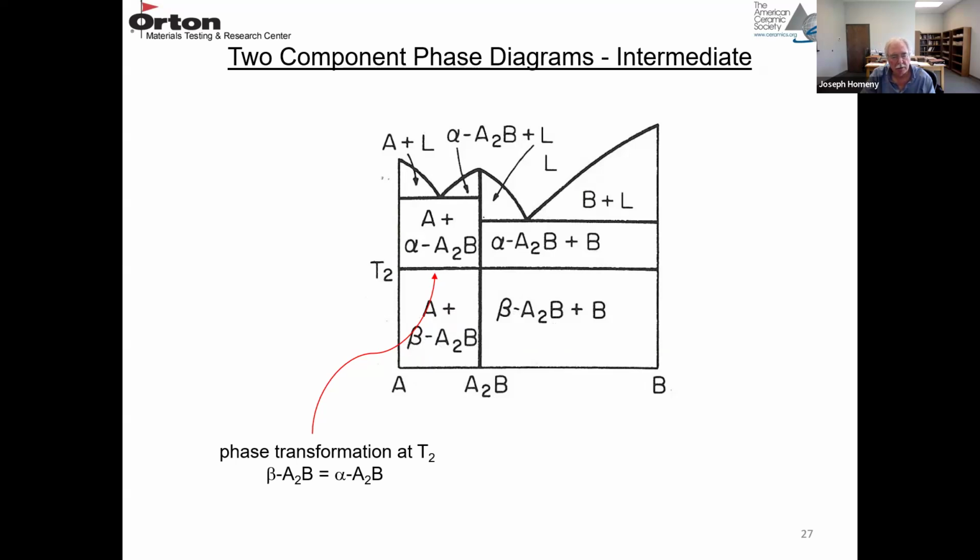And then at temperature T2, it transforms, and this is going to be a displacive transformation to alpha A2B. So A plus alpha A2B or B plus alpha A2B. And then you have your normal simple binary phase diagram over here and another simple binary phase diagram over here. So this is an example of a beta to alpha phase transformation.